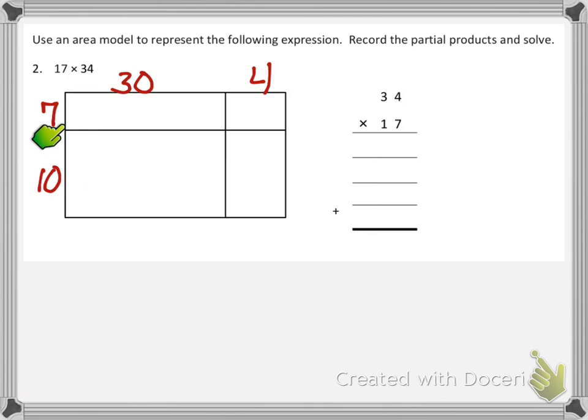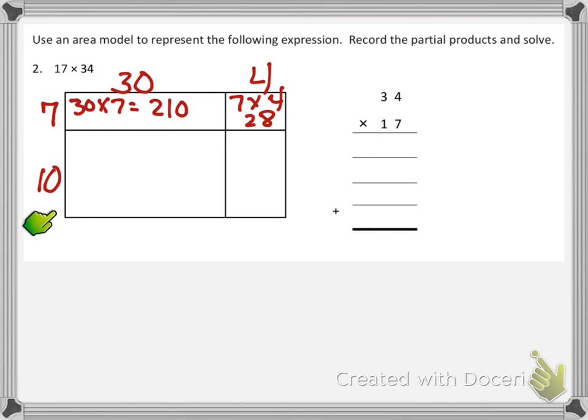Let's focus on the smaller numbers first. 7 times 4 is 28. Then let's do 7 times 30, which is 210.